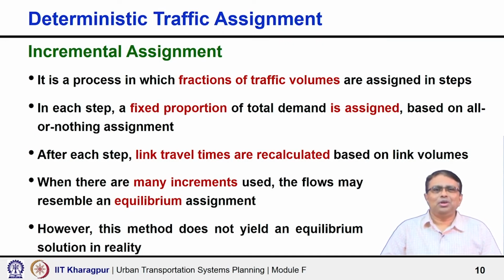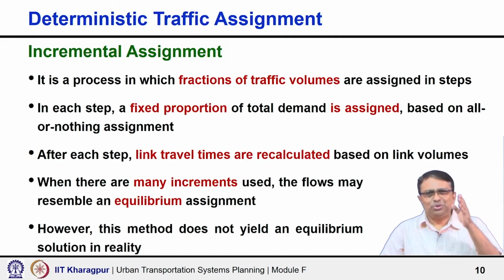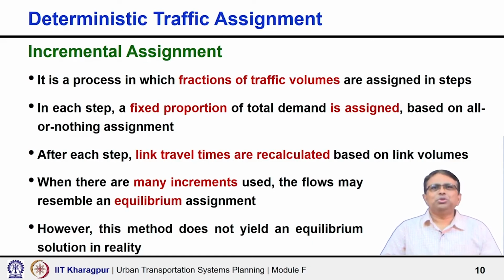What do they simply do? Do not load the complete demand at a time. Suppose you decide that okay, I will load it in 4 different steps. How many steps? That is up to you. You can make it 4, you can make it even 14, right.